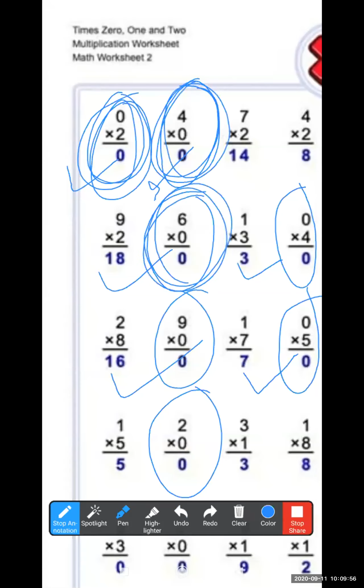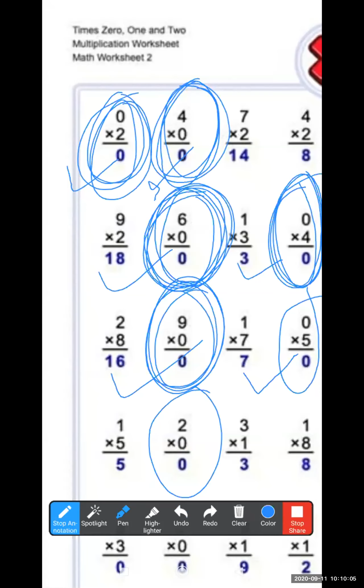In this sum, multiplier is 0. In this sum, multiplicand is 0. In this sum, multiplier is 0. In this sum, multiplicand is 0. In this sum, multiplier is 0. That means there is 0 in all the sums, sometimes in multiplicand place and sometimes in multiplier place.